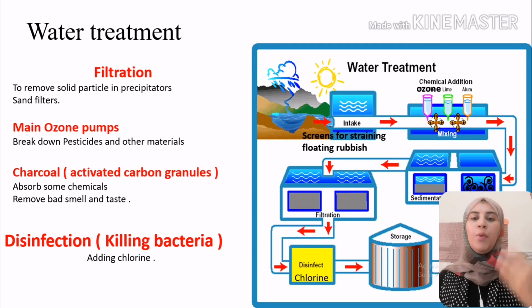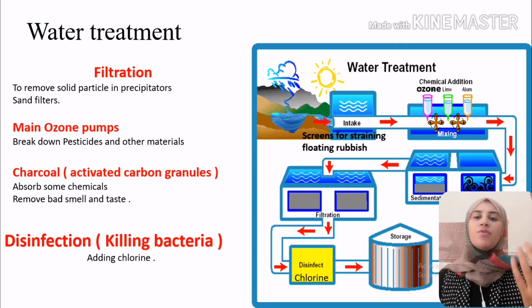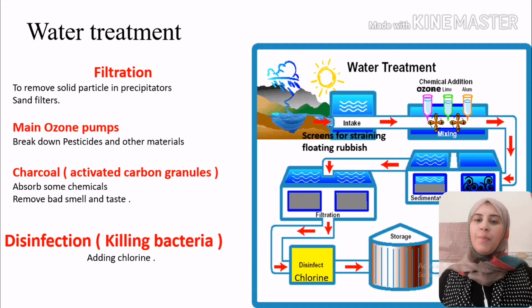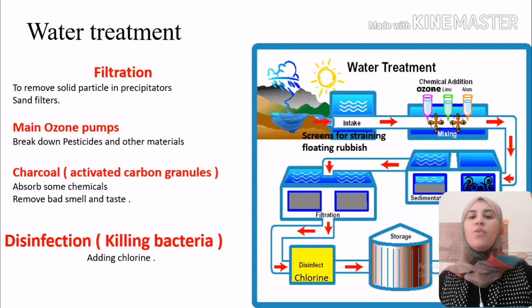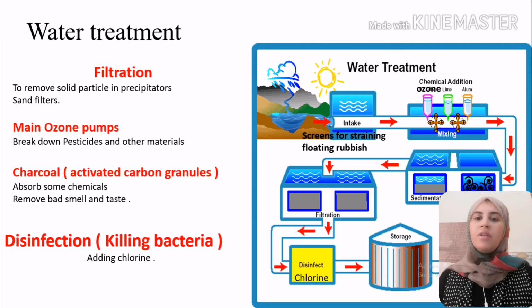Salts are soluble in water. To remove salts from water, we need desalination. Desalination is a very expensive process. So when we talk about water treatment, we are talking about river or stream water.